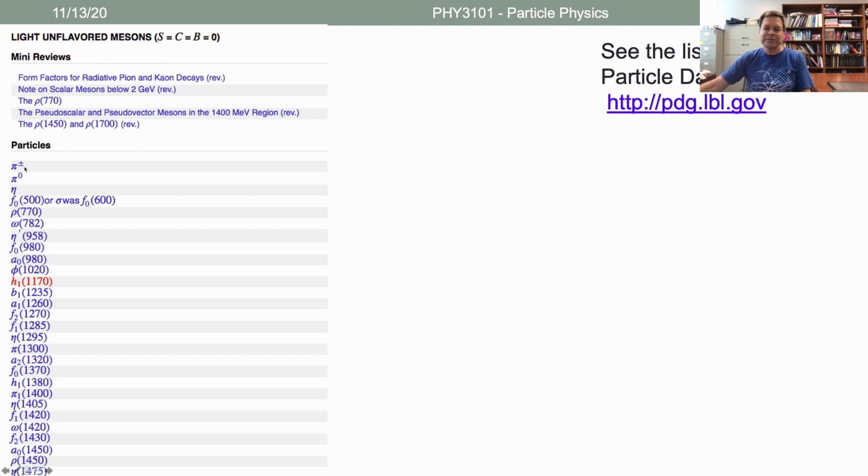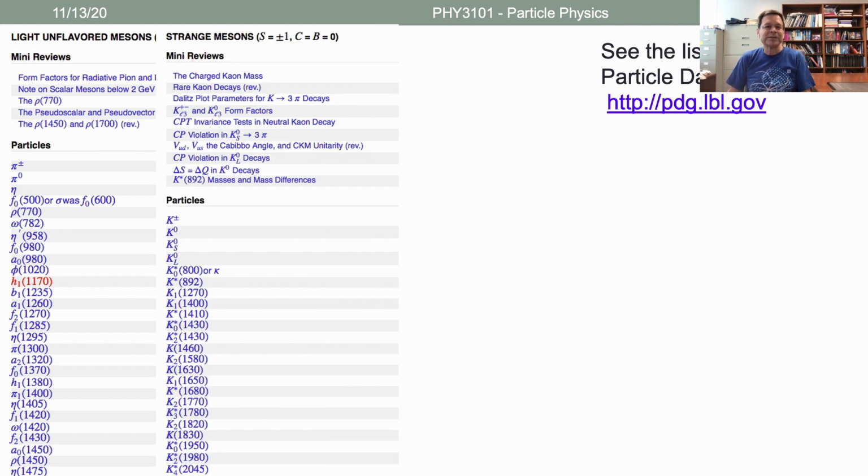Here's our pion, but it comes in several varieties: pi plus, pi minus, and pi zero. There's the eta meson, and a long list of other particles: f's, rhos, omegas, eta primes, a zeros, phi's, and so on. And eventually we just put a number with them to represent their mass.